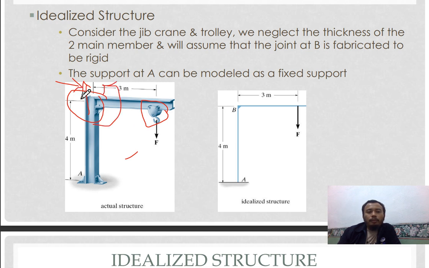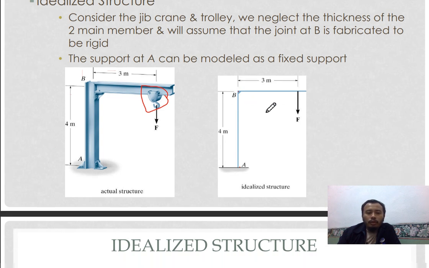The support at A can be modeled as a fixed support, which is similar. These two points are fixed supports. So when you draw the free body diagram of the idealized structure, it will become like this. This is fixed, this is fixed. Then this is your movable load, which is a trolley.